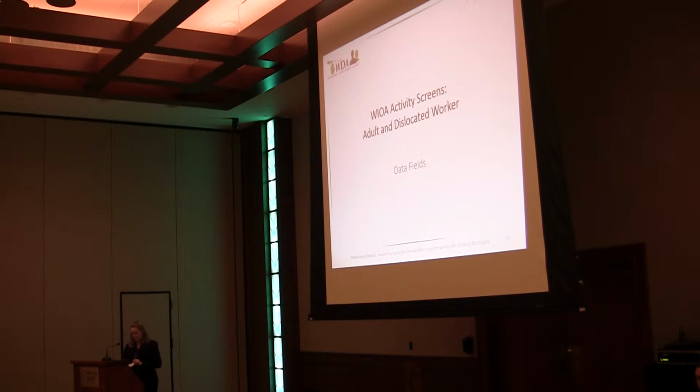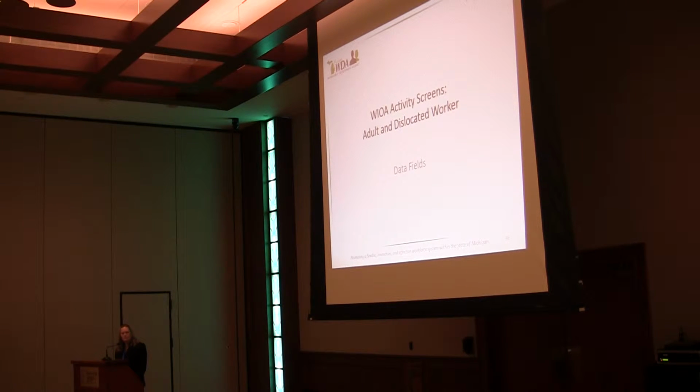So if that person is registered as an adult, you're only going to see the adult funding sources. If at that point, and I think this was Bill's question, you realize, oh, it shouldn't have been adult, it should have been a dislocated worker, it should have been a youth, you do have to delete that registration and start over and put them in the correct program from the very beginning, which is really what you do now. It's no different than the way the system works now.